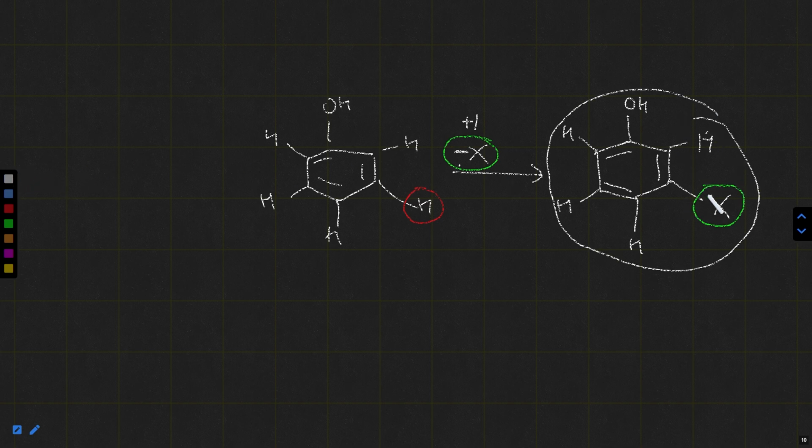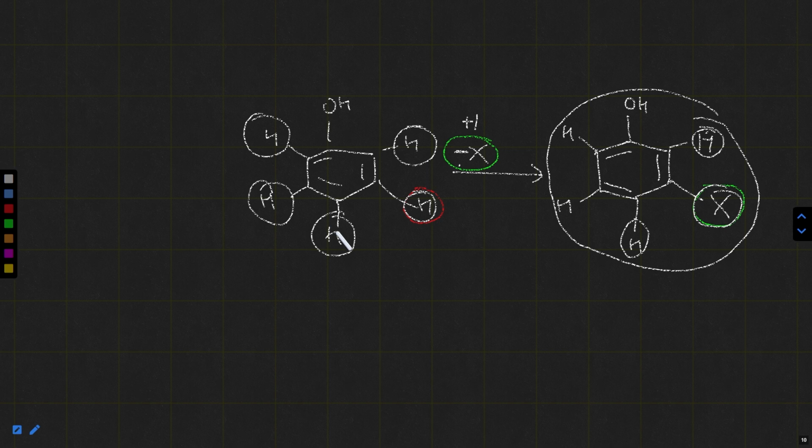First of all, the nature of X and the position of X matter. We can substitute this hydrogen, or this one, this one, this one also. Depending upon the position, we will see how acidity is affected by the substituent group, and also by the nature of the substituent group.